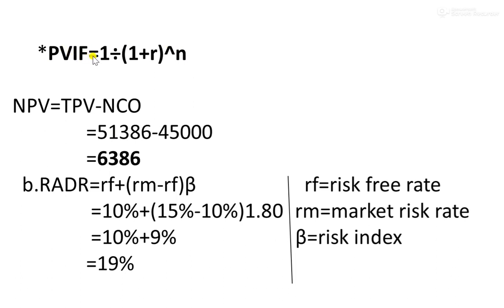PVIF, present value interest factor, equal to 1 divided by (1 plus R) power n. This is the formula. You can use this formula to determine the discount rate or the rate of factor, and you can also take the rate from a ready-made list.